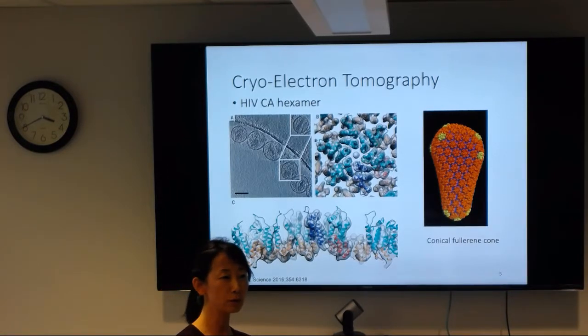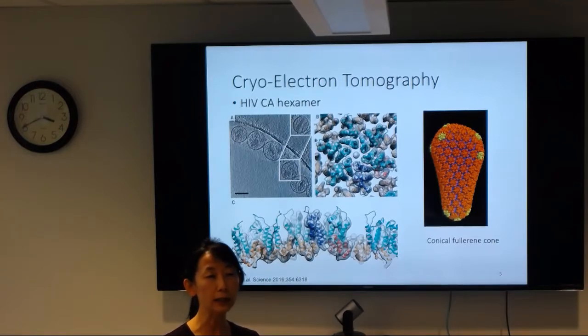You can overexpress the protein and make tube-like arrays, then do helical reconstruction or single particle reconstruction, and get very high resolution. People have also done crystallography studies of the hexamer arrays. All those techniques give you very high resolution.